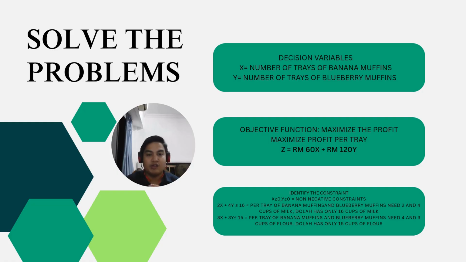And the next one is 3x plus 3y is less than or equal to 15, as per tray of banana muffins and blueberry muffins need 3 cups of flour each, and Dollah has only 15 cups of flour.